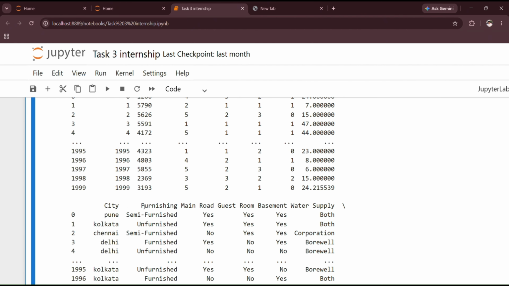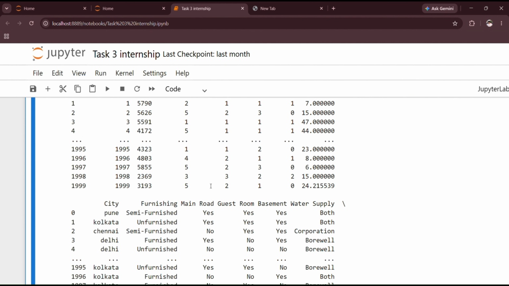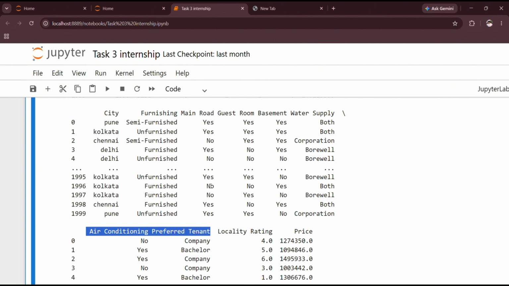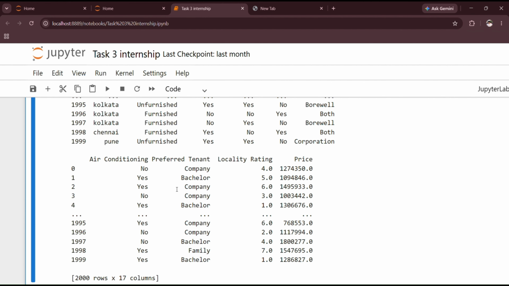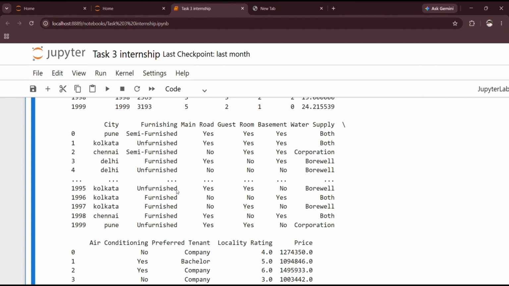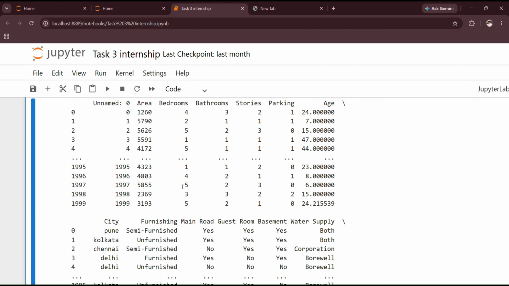We also have categorical columns such as city, furnishing status, main road, guest room, basement, water supply, air conditioning, and preferred tenant. The goal of this dataset is to analyze which factors affect house prices and to discover useful patterns hidden inside the data. Since this dataset has already been cleaned in the previous video, we can now confidently begin our exploratory data analysis and focus entirely on extracting meaningful insights.